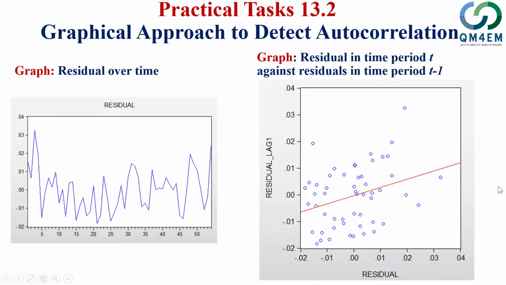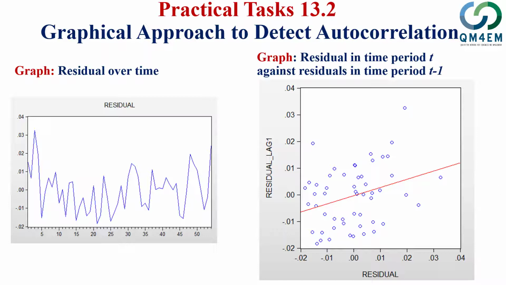Here you can see very clearly, especially from the residual against the residual lag value, that it shows a pattern. You can see a linear upward sloping line could be fit to these two values. So what does it indicate? It's an indication of autocorrelation.